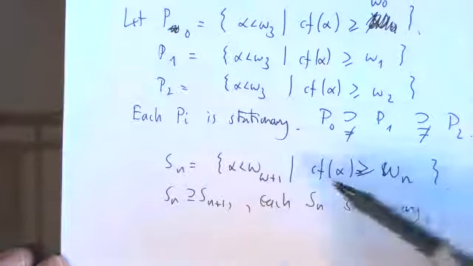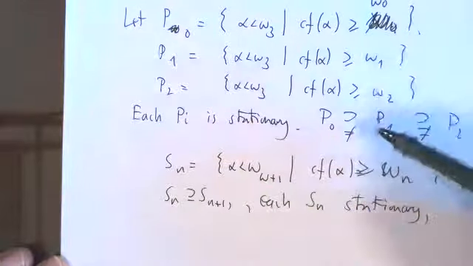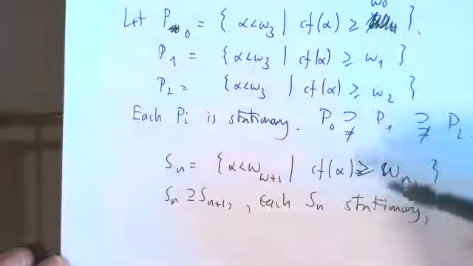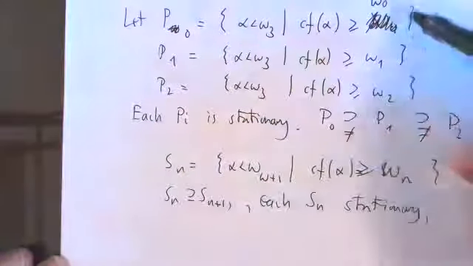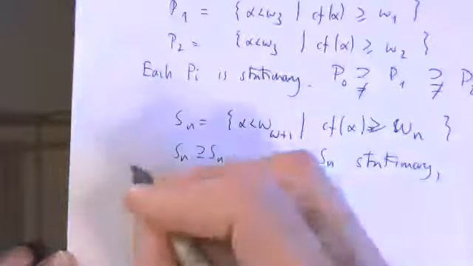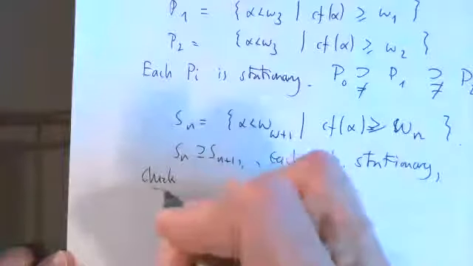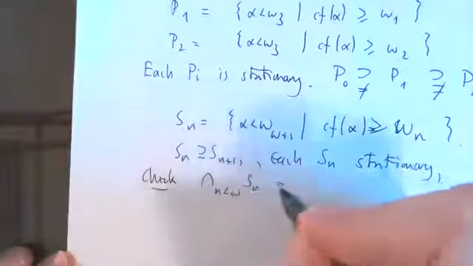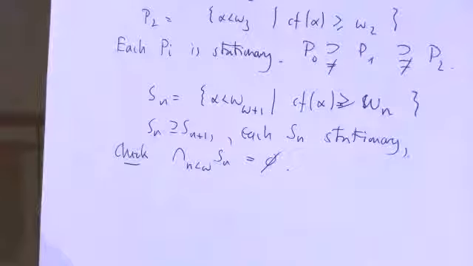So you can't be in a set whose intersection says you're going to have cofinality greater than or equal to every omega n. So I'll just leave you to check that last bit here.